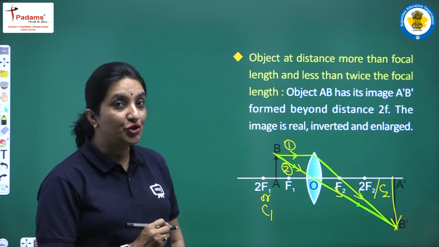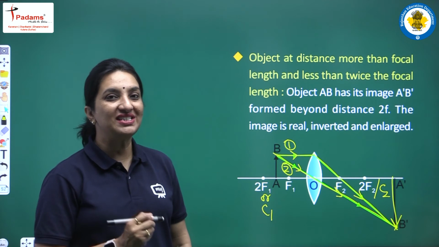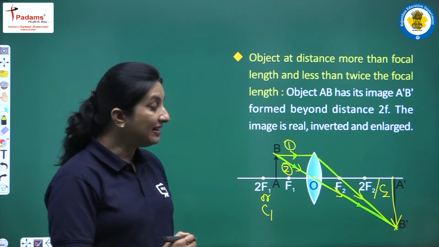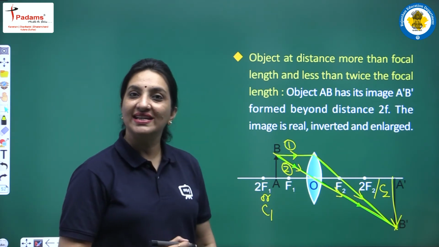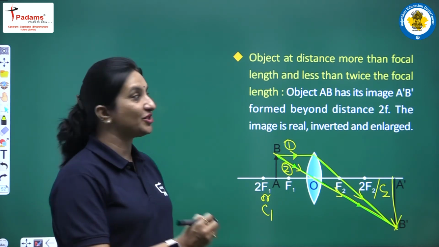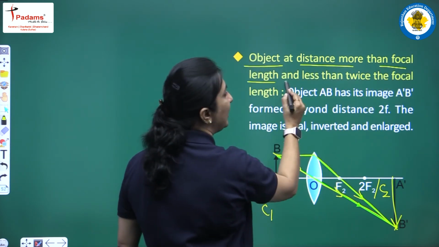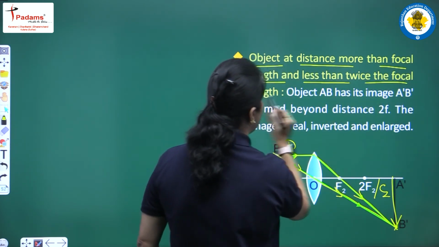Since these two refracted rays are meeting actually, we will have a real image formed. Real images are inverted, and here what we see is that the size is increased, that the image is enlarged. So object at a distance more than the focal length and less than twice the focal length.